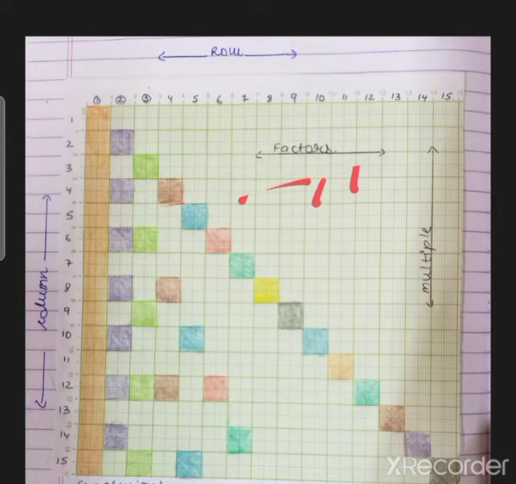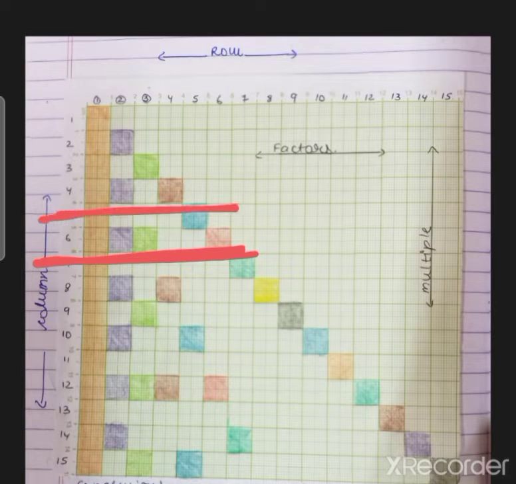Now let us see the factor of 5. The factors of 5 are only 1 and 5. Just see over here. It is 1 and 5 over here. Okay. Now next, just see this. In the factors of 6 we can see 1. Just see it very properly.